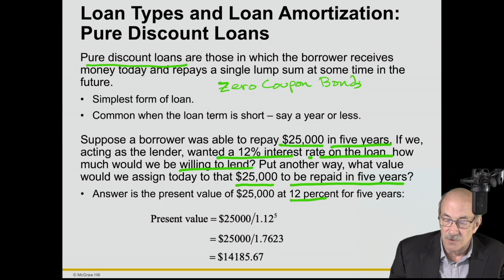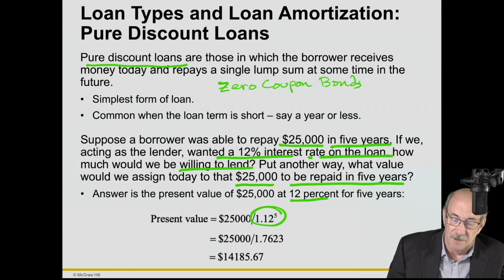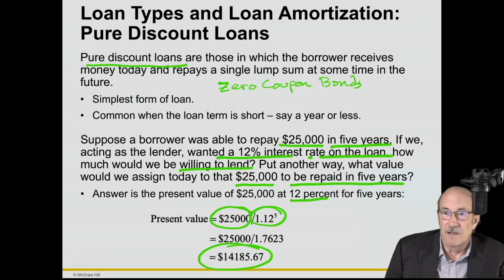So if the rate is 12%, we get our present value discount factor, 1.12 raised to the fifth, and we divide our 25,000 by that, and there we go. That's $14,185 today, if in 5 years the borrower pays back 25,000, and that would yield a 12% return to the lender.